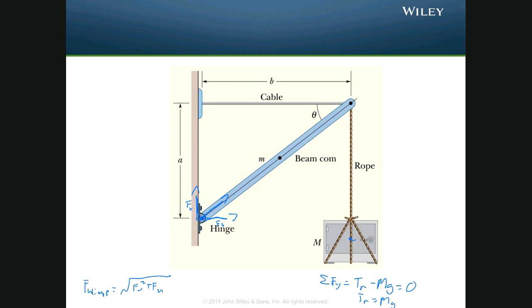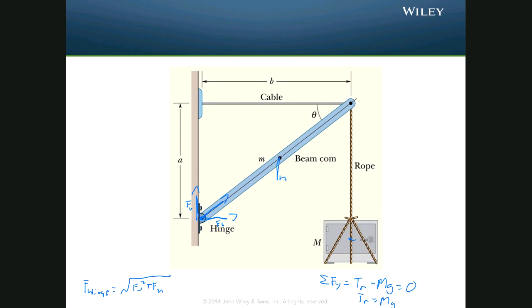Okay, good. So now, that was the hinge force, right? And looking at how the hinge works, the hinge will give that force right along the beam. And then we have mg down.